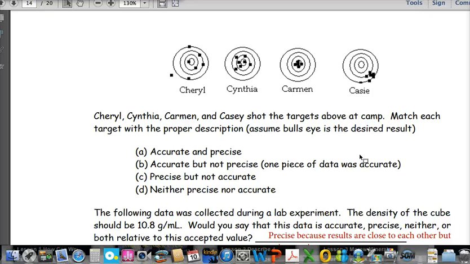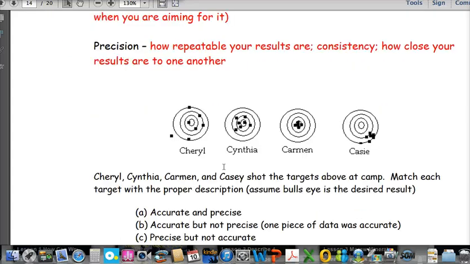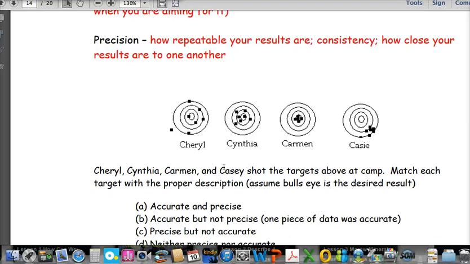Okay, so we already kind of did this. Accurate and precise would be Carmen. Accurate but not precise. Let's go back. Accurate but not precise. Well, I'm not sure about that one.